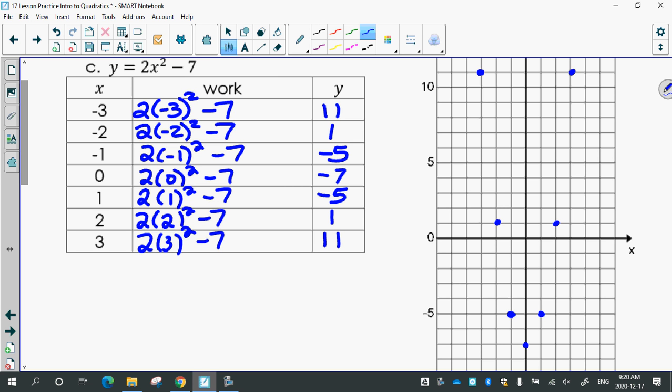Check up at the front and see if you've got this in other than 6 spots. And once you know it, draw it on there. Try to still make it a curve. I know it's starting to look more V-ish, but make it as curved as you can. Nice. Okay, I'll try mine here.